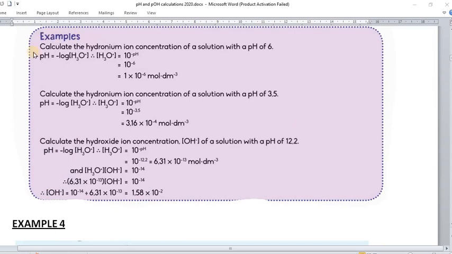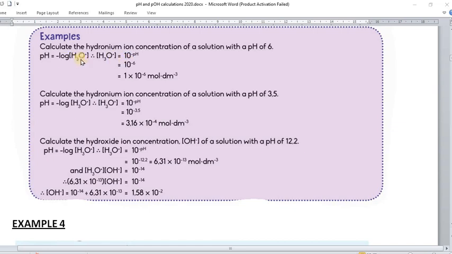Okay. So you have further examples over here to do. Calculate the hydronium ion concentration of a solution with a pH of this. Establishing your formula, this is equal to this.